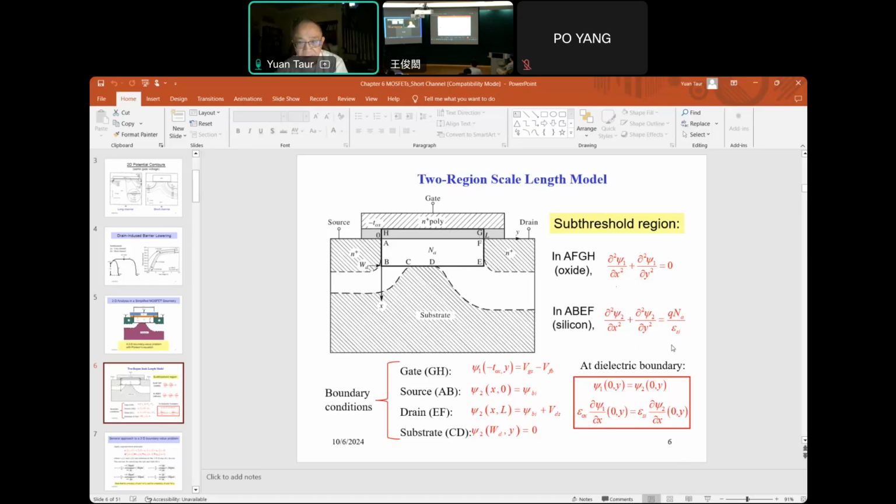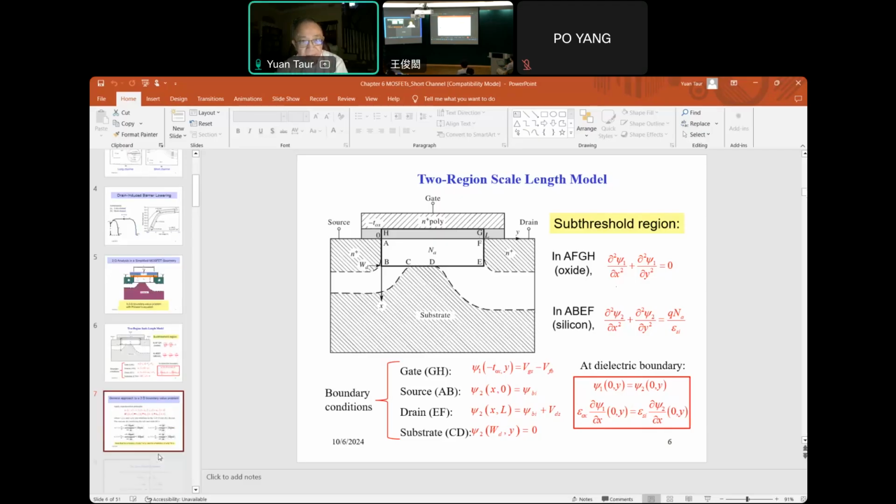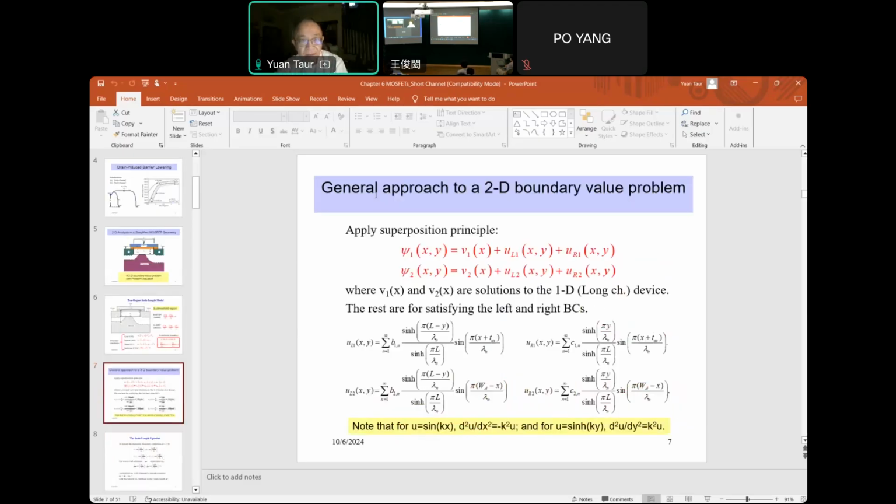In general, we try to solve this simplified geometry and boundary value problem, and to do that we apply the general approach. We make use of a superposition principle.